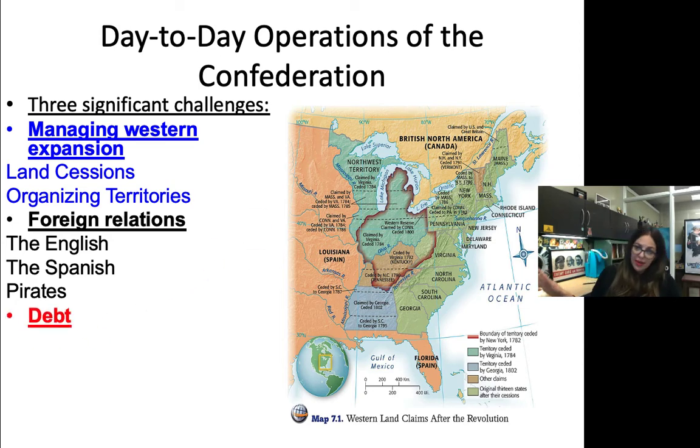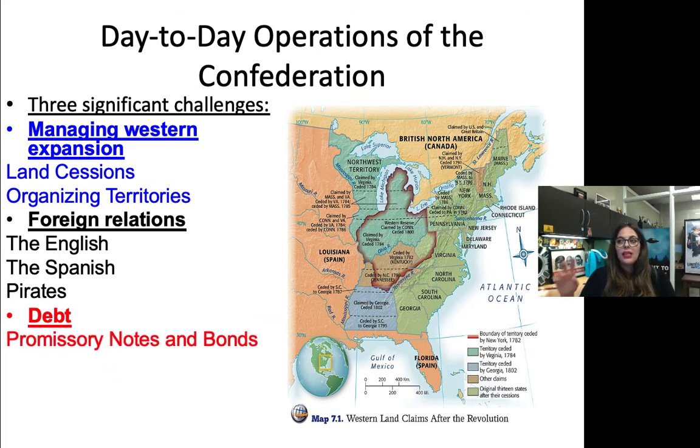But it doesn't end there, because debt is also a huge, huge problem, okay? During the war, the Continental Congress and then the Articles of Confederation was basically going into debt. They made all of these promissory notes, like I promise to pay you back, like an IOU, bonds, which they then cannot pay after the war is over.